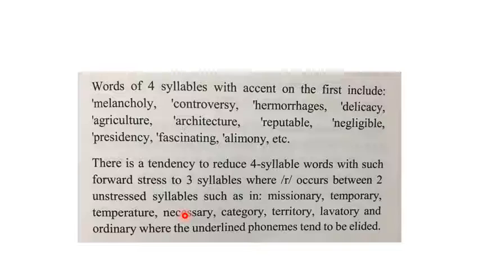طبعا هذا في الRP أو البريتش English لأنه مثلا كلمة category in American English they say category. So instead of saying category in British English بنحكي category. وعندي territory برضو British English territory, American English territory. تمام. وعندي lavatory and ordinary.